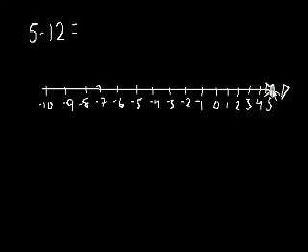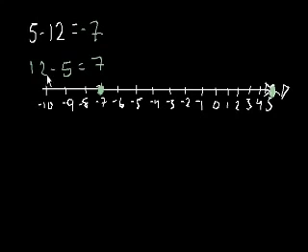5 minus 12. We start at 5 right here, and we're going to go to the left 12 because we're subtracting 12. So 1, 2, 3, 4, 5, 6, 7, 8, 9, 10, 11, 12. Negative 7. That's pretty interesting because it also happens to be that 12 minus 5 is equal to positive 7. So I want you to think a little bit about why that is.